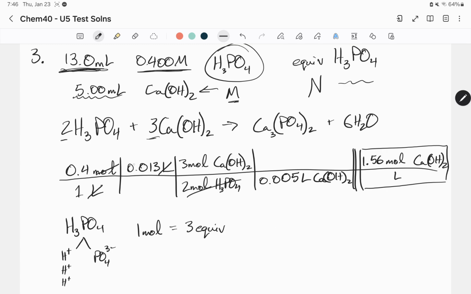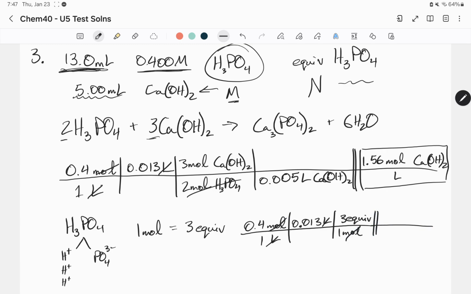You might have the mole number already from doing 0.4 times 0.013, but if we go 0.4 moles per liter times 0.013 liters, this is going to give us our number of moles, and then we know that 1 mole is 3 equivalents.